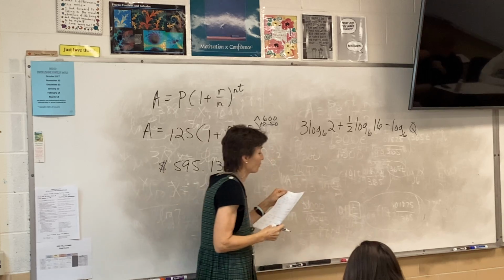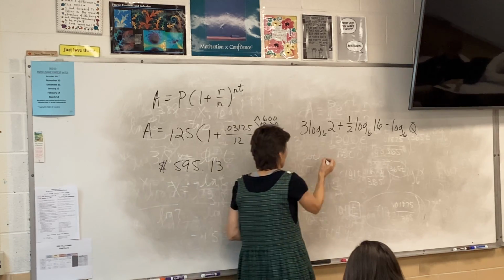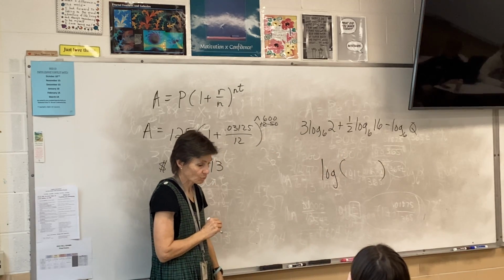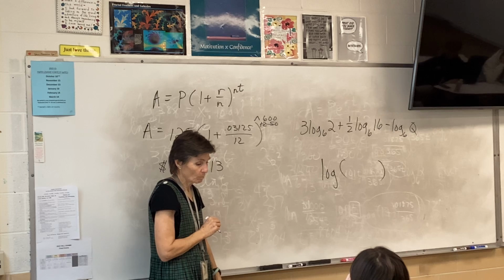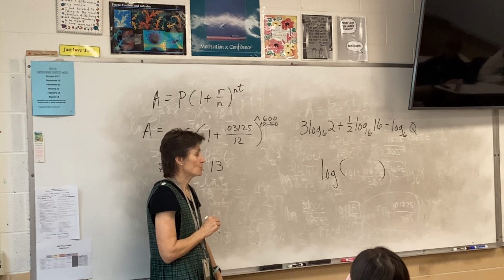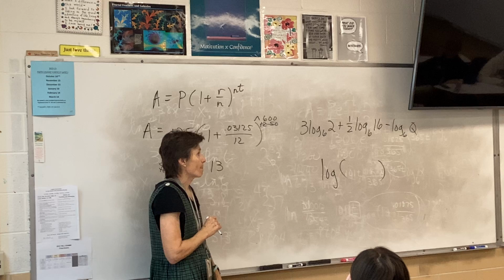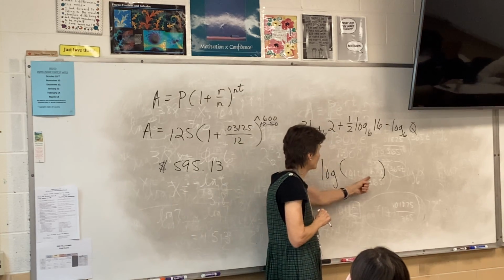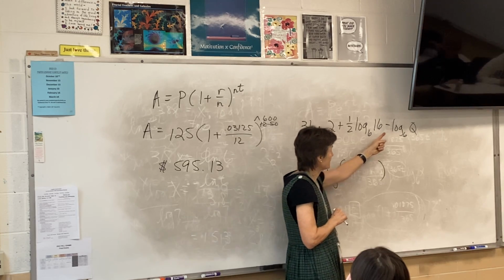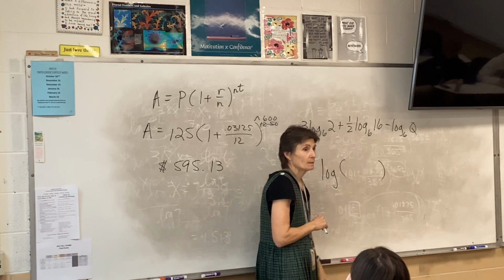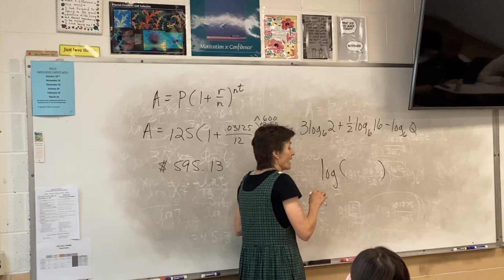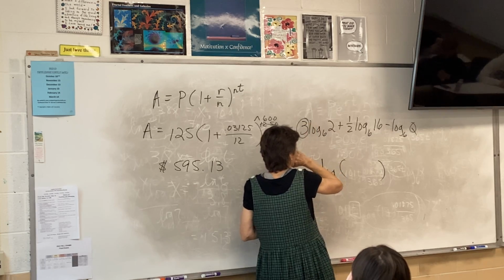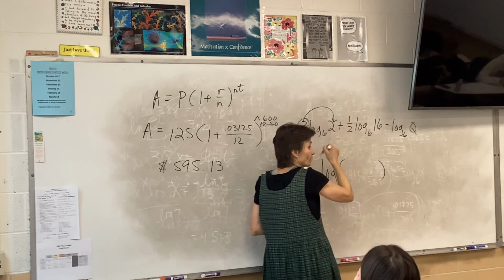This is a 3-parter, and your job is to write it as a single logarithm. Okay, this is 3.4 homework, problem 1B. So you should have gotten it back if you did it. Now, inside of here, would you agree there are going to be some things multiplied and some things divided? But before I start messing with that, what happens to this 3 right here? It becomes an exponent.